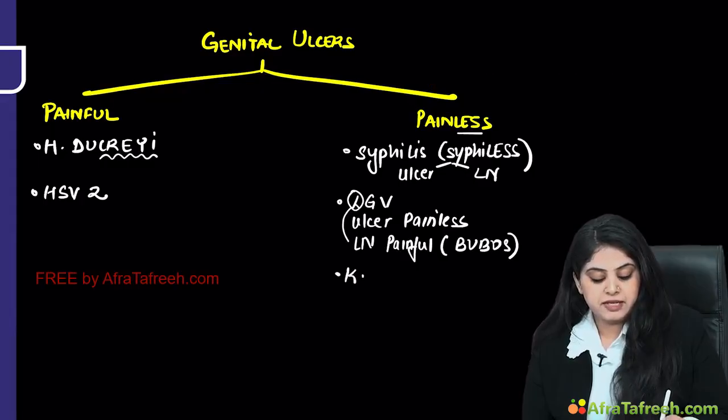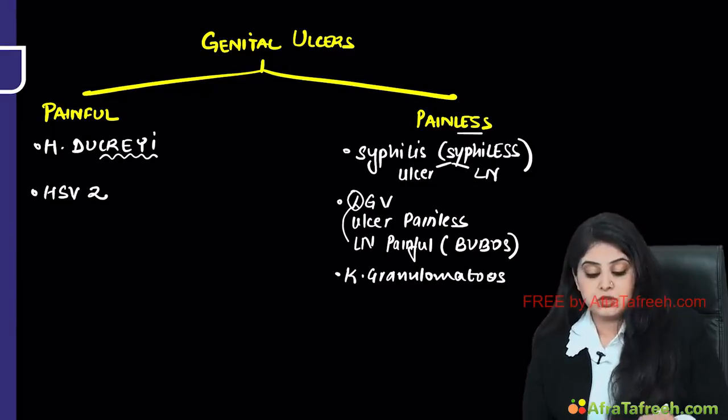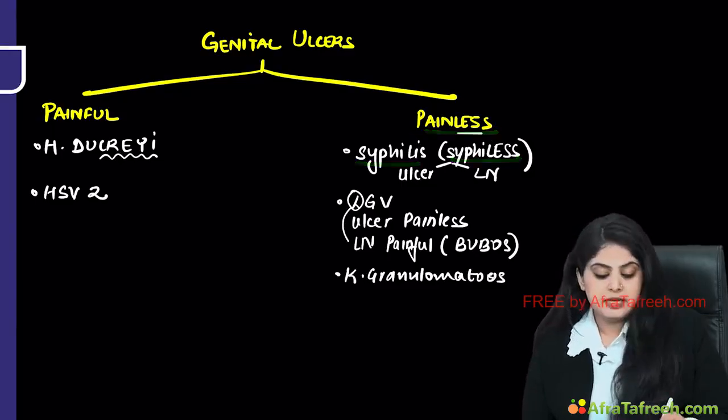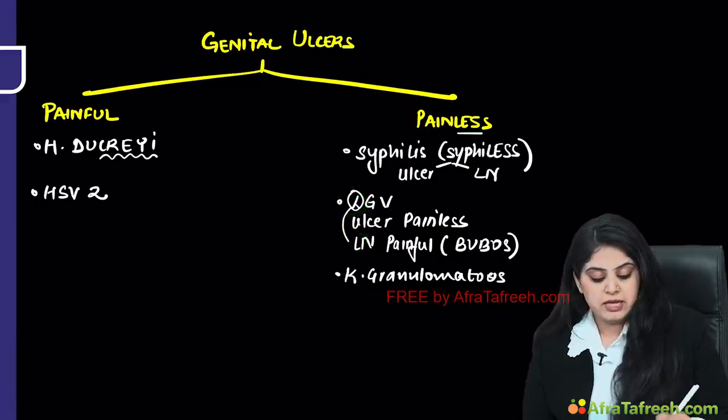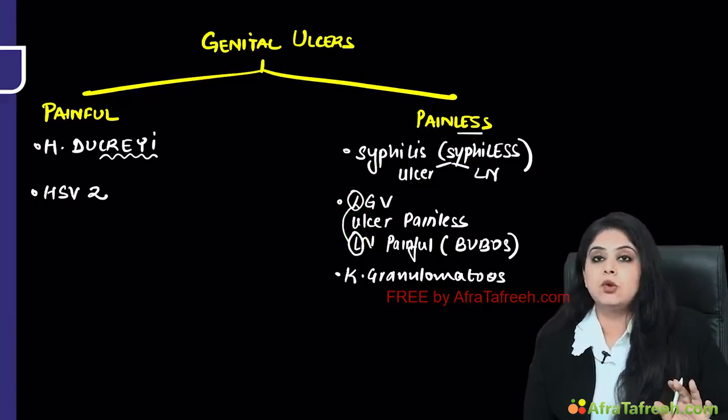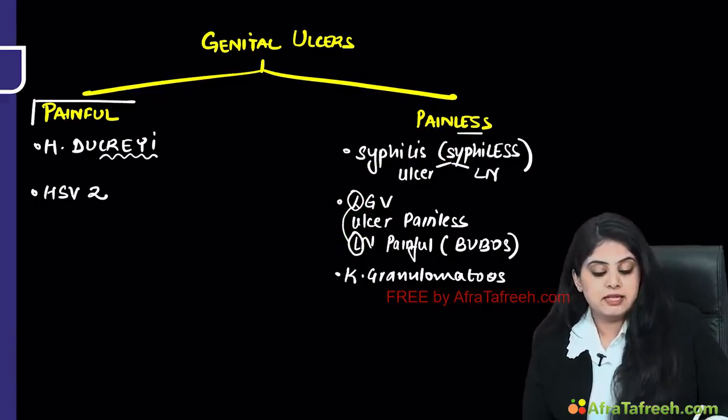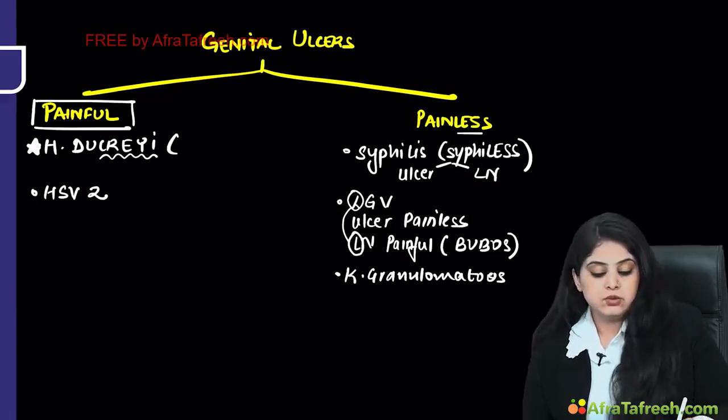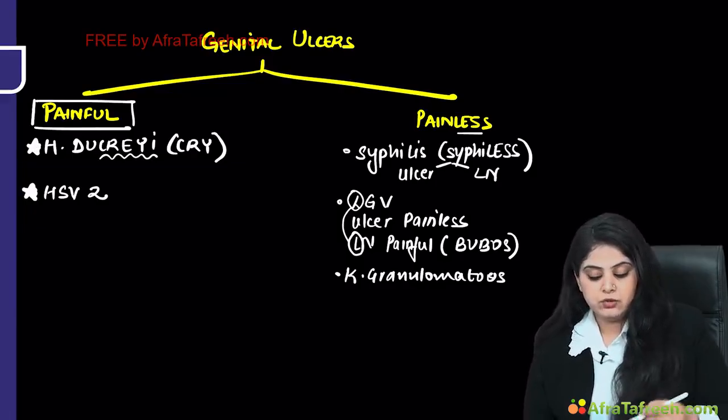Finally, we have Klebsiella granulomatis, which causes donovanosis, and causes a painless genital ulcer. So remember, syphilis is painless, lymphogranuloma venereum is painless but the lymph node becomes painful, and Klebsiella granulomatis is also painless. What comes under painful? Crying with pain, that is Haemophilus ducreyi, cry, ducreyi for cry, and finally HSV2, and that is how you are going to learn this.